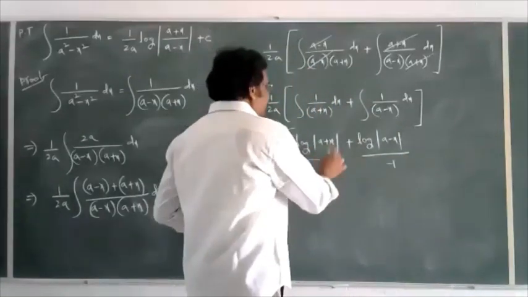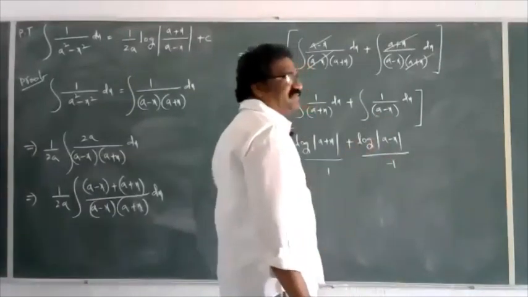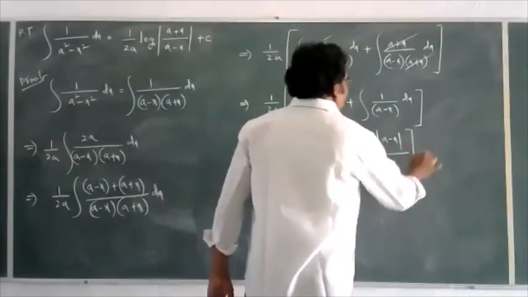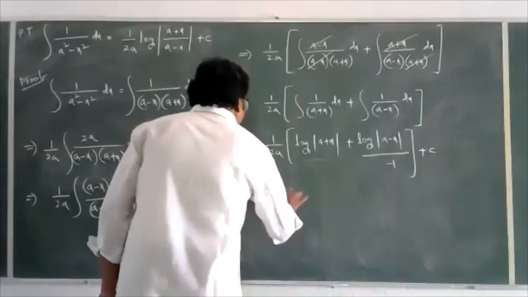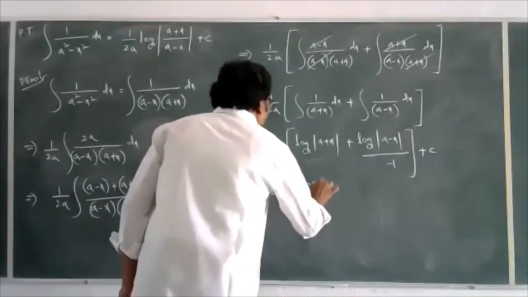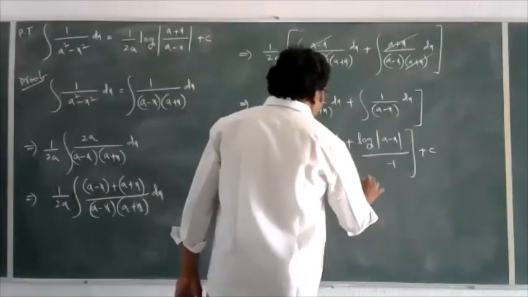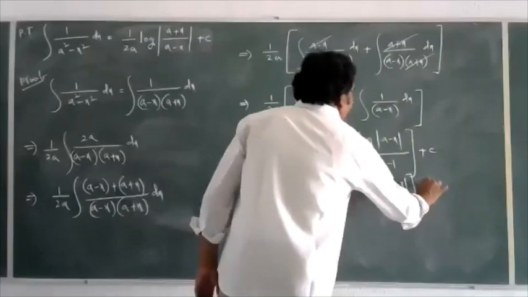Here a plus x derivative is plus 1, but here a minus x derivative is minus 1, plus c. Then you get 1 by 2a into log mod a plus x plus, into minus, is minus log mod a minus x plus c.